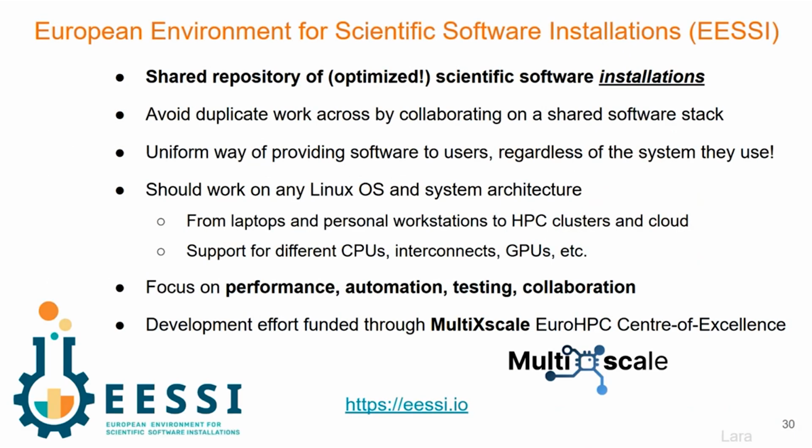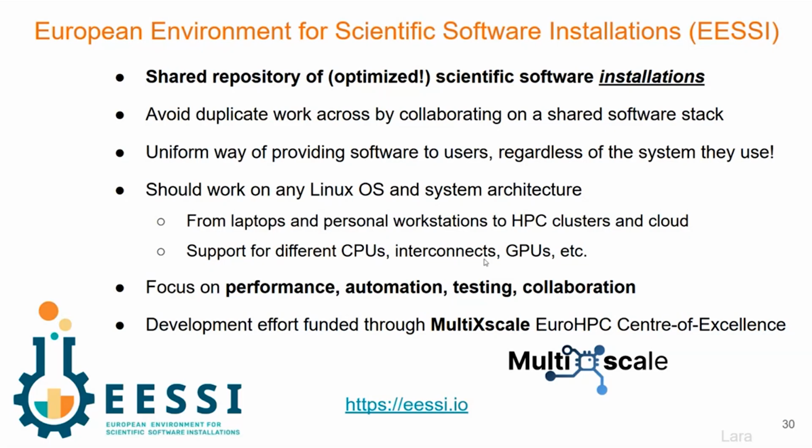So it's a shared repository of optimized scientific software installations. The idea came from a need to avoid duplicating work. As Kenneth said earlier, when we install new software, we have to install it for the different CPU targets, but this is not only done at UGent, but also at VUB, on other sites in EESSI, but also throughout Europe and the whole world.